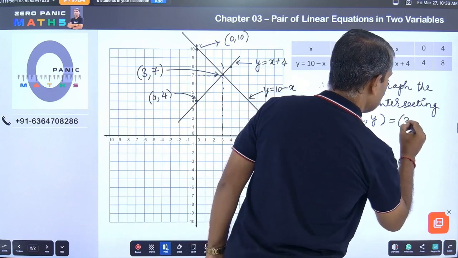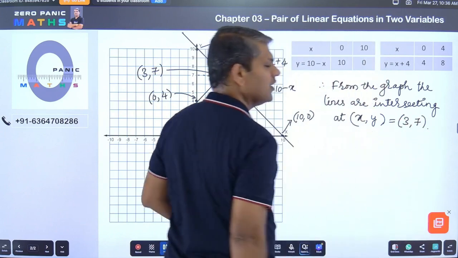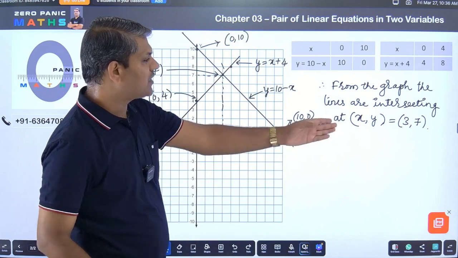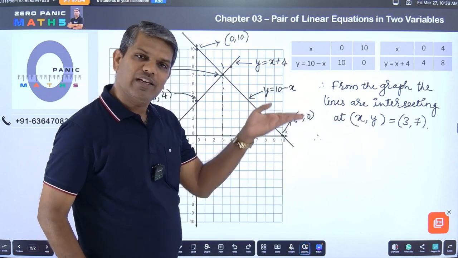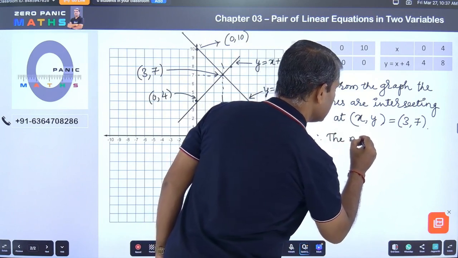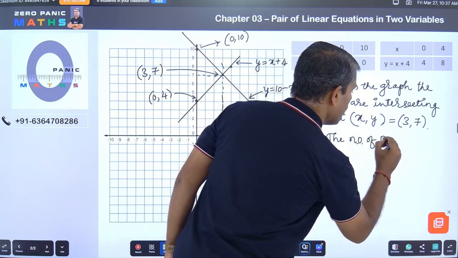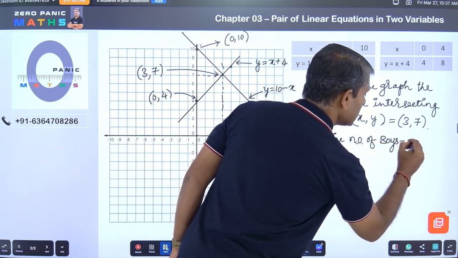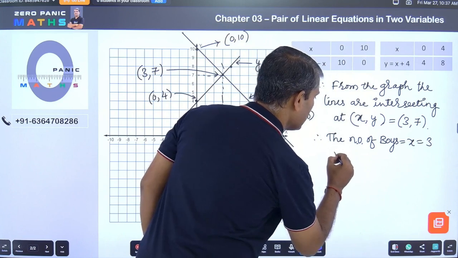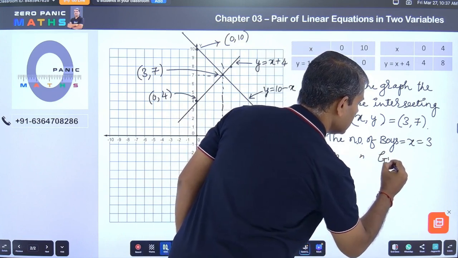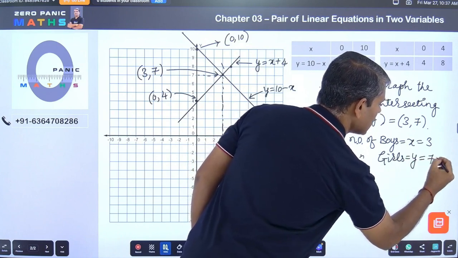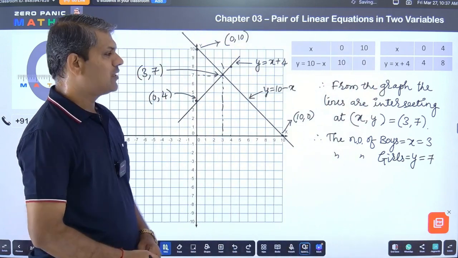Okay, 3 and 7. Okay, so therefore, what was x that we assumed? X is number of boys. What was y? Number of girls. Okay, therefore the number of boys is equal to x is equal to 3, and the number of girls is equal to y is equal to 7. This is what the solution is.